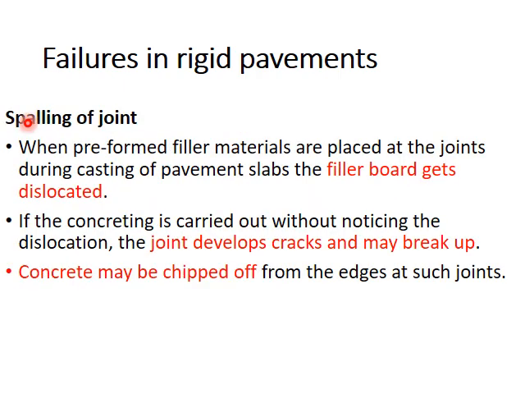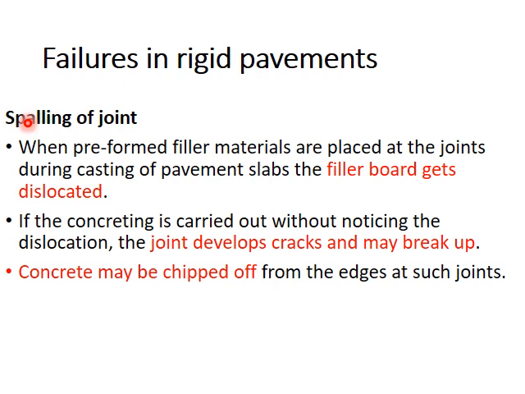Next is spalling of joint. Spalling of joint is the displacement or dislocation of the filler board which is placed in the joints. You have the expansion, contraction and longitudinal joints in the rigid pavements or between the rigid pavement slabs. So these joints will be filled with a filler material. During the construction process, these fillers in the joints may get dislocated.